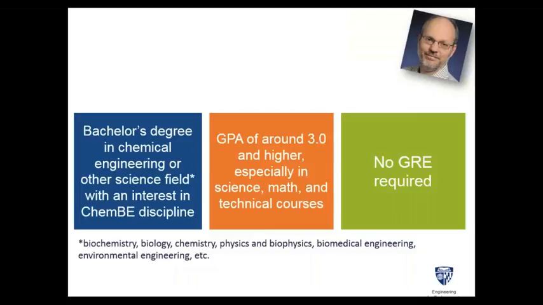So if you have a GPA of around 3.0 in biochemistry, biology, that's what we're typically looking for. Doing a B average work in the science and technical courses. As Ken has mentioned, there's no GRE required. Next slide, please.